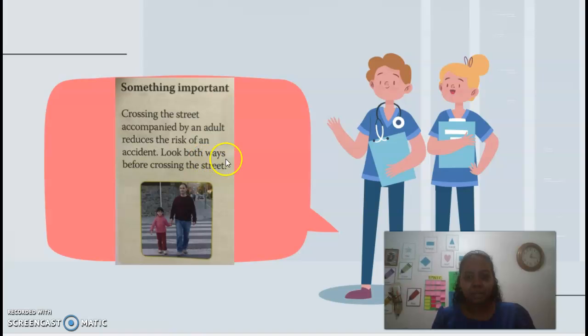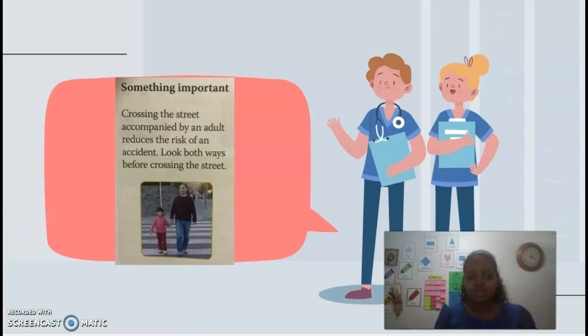Look both ways before crossing the street. So, as a recommendation, if you're going to cross the street and you are a young boy or a young girl, you're going to look first to both sides before crossing the street. And also you're going to ask an adult to help you cross the street.